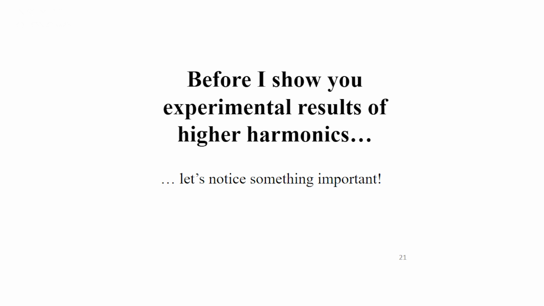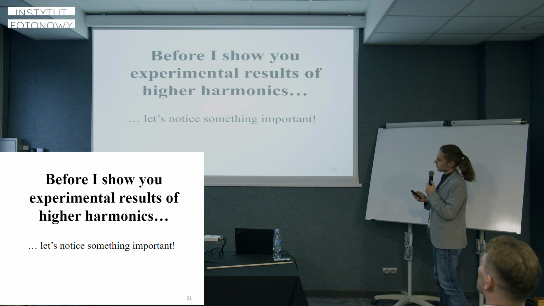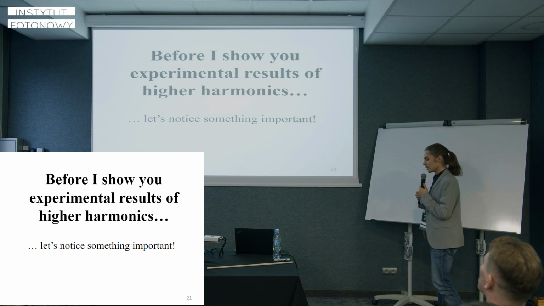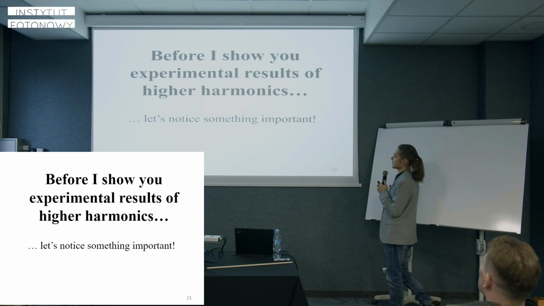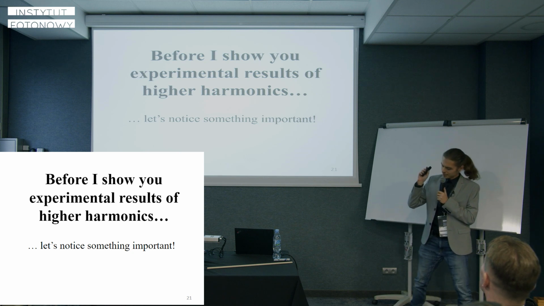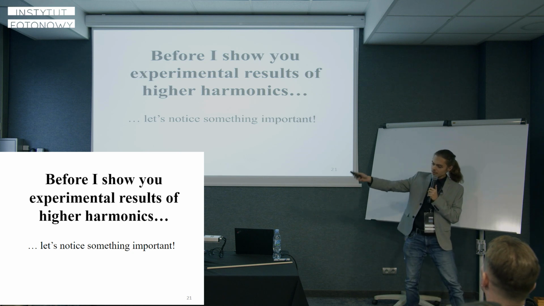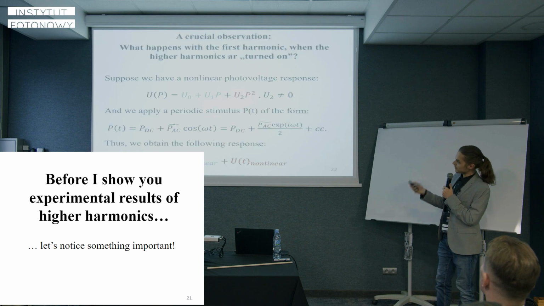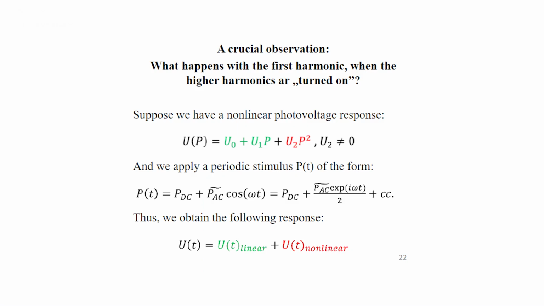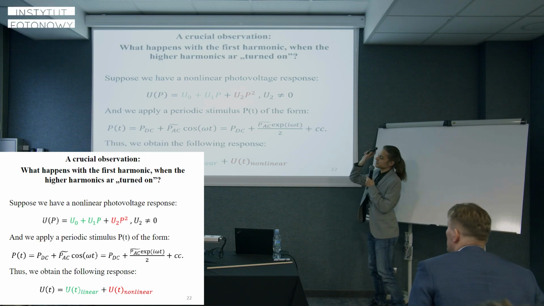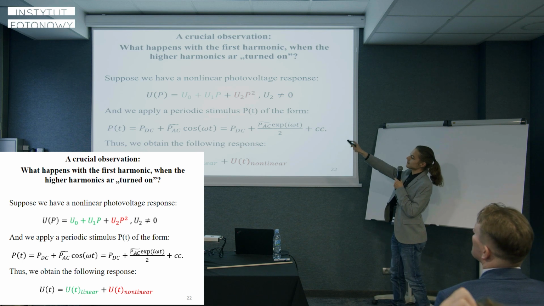But before I do this, one simple additional observation, because for now I was using complex exponentials, so I have neglected negative frequencies. Let's see what happens when I do not neglect this. For simplicity, I assume quadratic dependence of photovoltage.